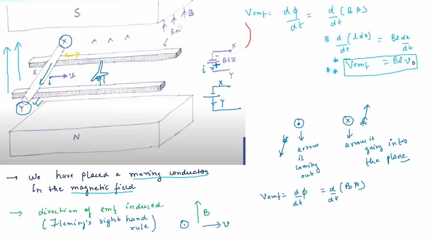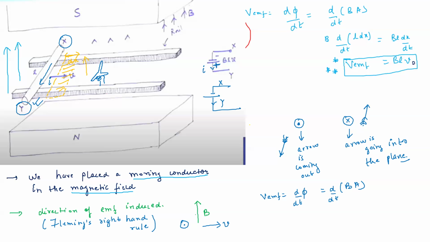So this is the dx distance it has moved. So this will be the area. Because you see flux density is going up like this. So this portion which I have shaded with the orange color is perpendicular to the flux density, right?